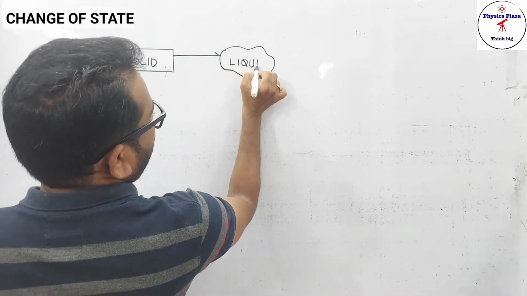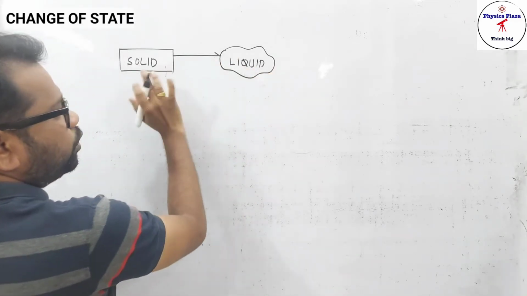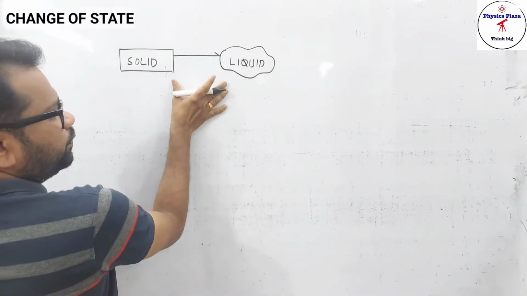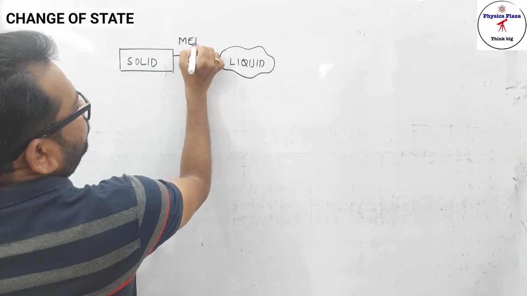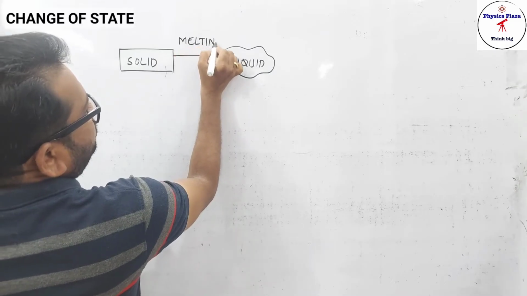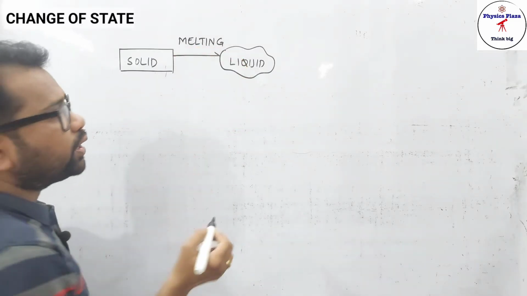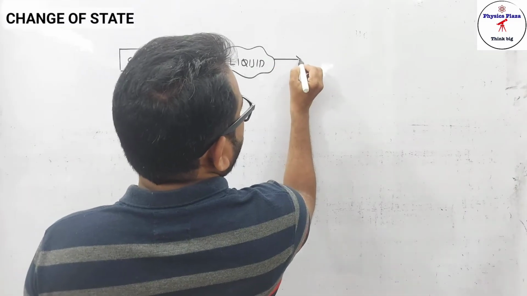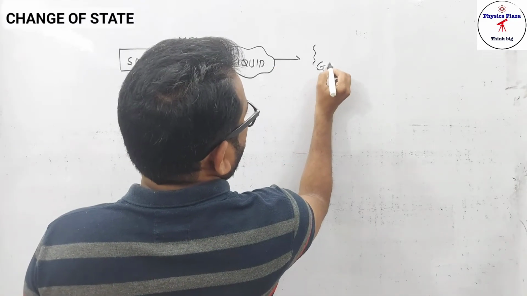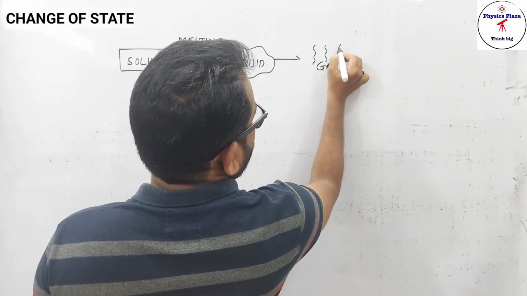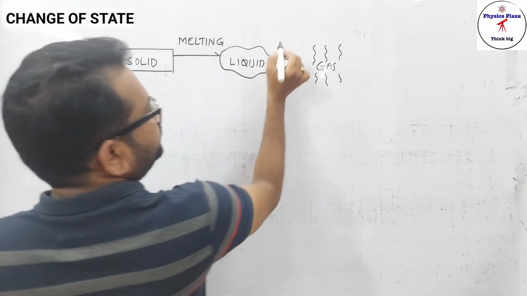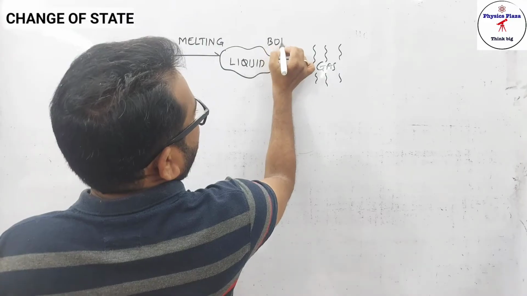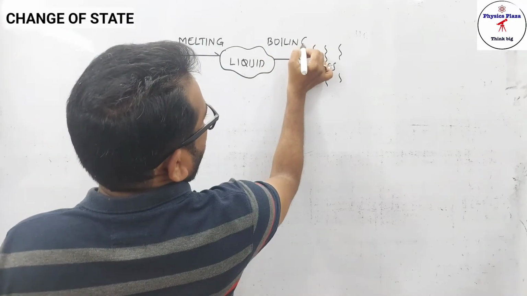This happens at a constant temperature, and this process we call melting. And further, if you heat, this liquid will change into the gaseous state at the same temperature. This process is called boiling.